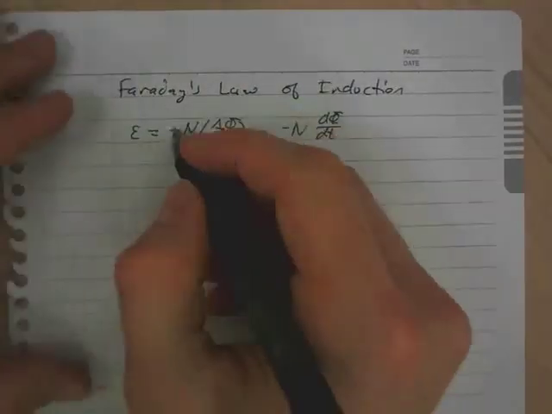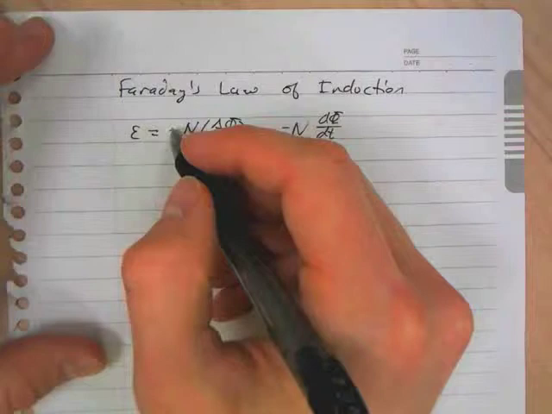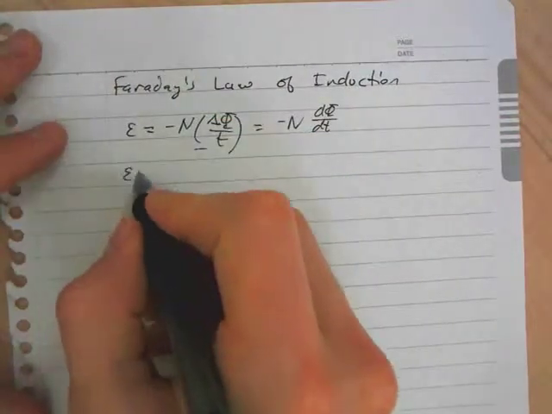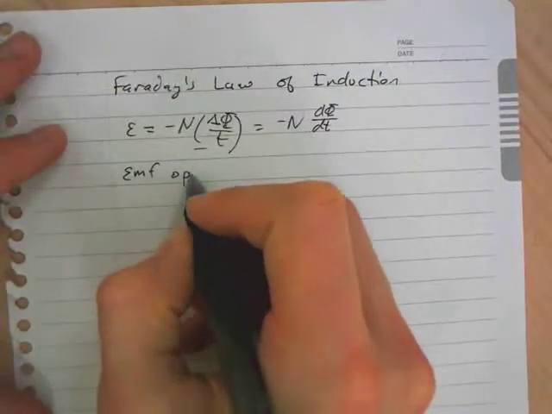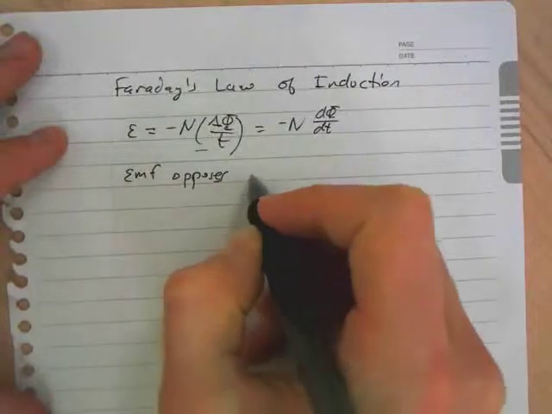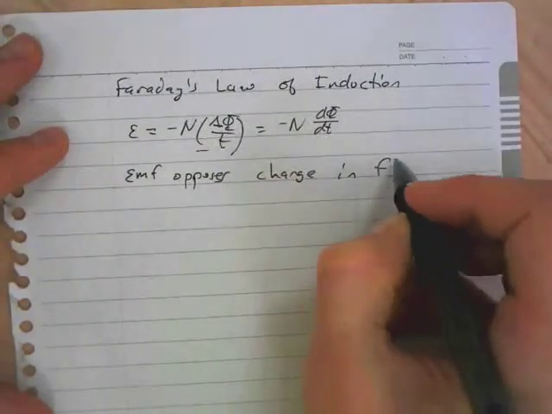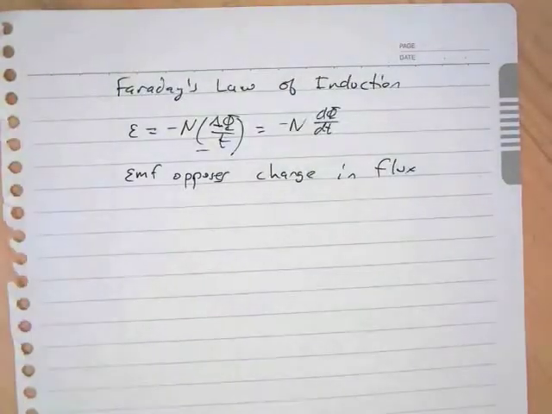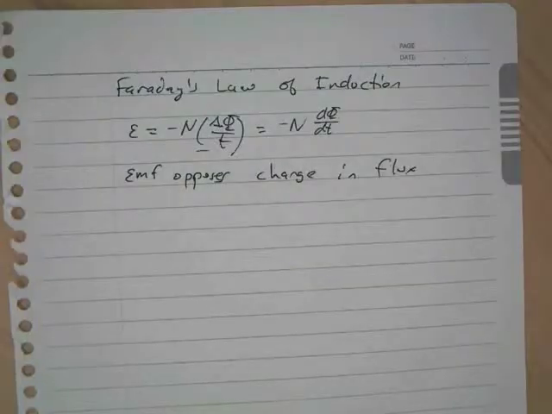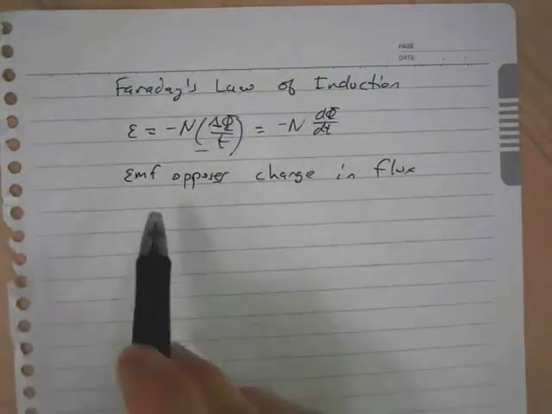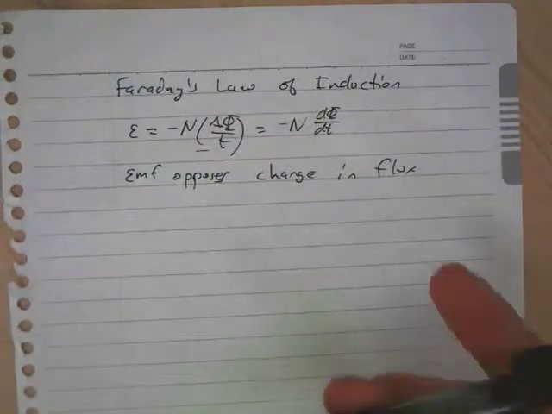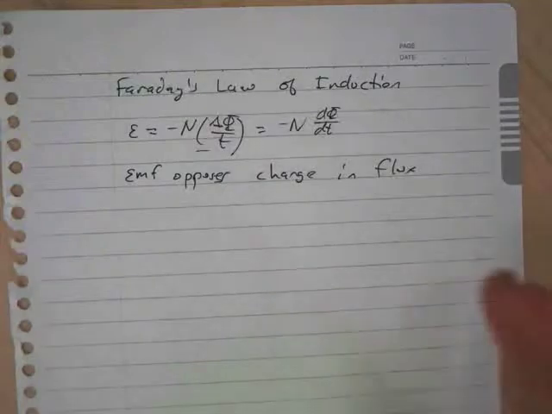The negative out front means that this EMF opposes the change in flux. And we'll talk more about how that works, but remember that a current generates a magnetic field.